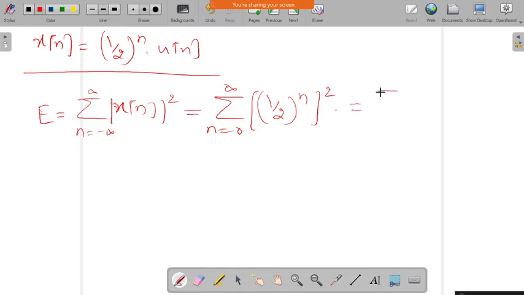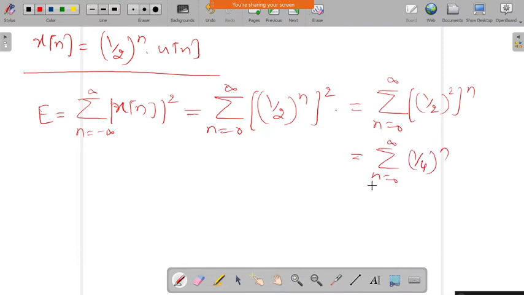If you simplify this, n equal to 0 to infinity, we can write it as half square whole power n, so summation n equal to 0 to infinity 1 by 4 power n. Now this standard expression that we know: summation n equal to 0 to infinity alpha power n is equal to 1 over 1 minus alpha when alpha is less than 1.